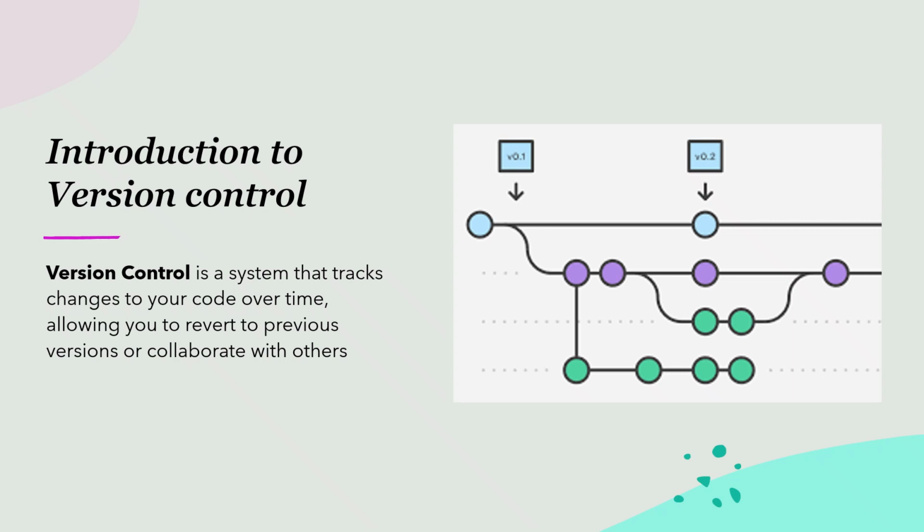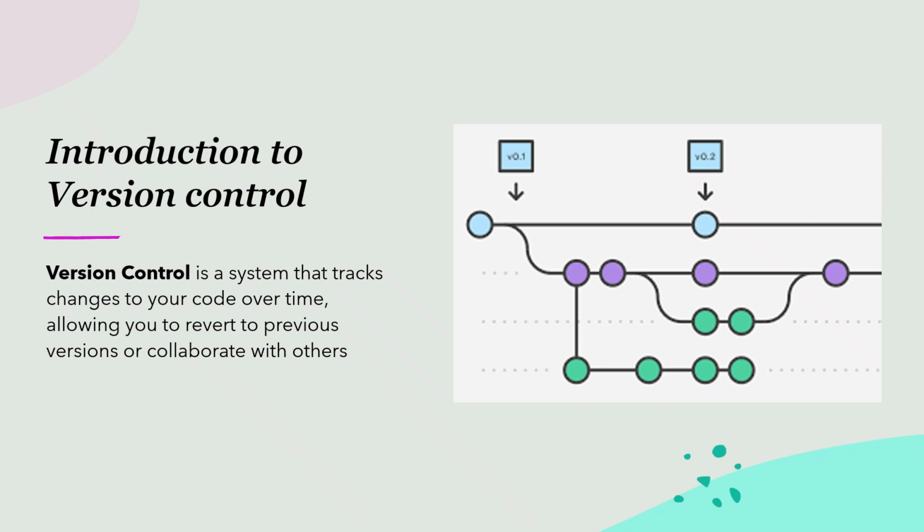Think of it as a time machine that lets you revisit any version of your code, undo mistakes effortlessly, and work with a team without stepping on each other's toes within the development life cycle. So basically, that is what Git is in a nutshell.